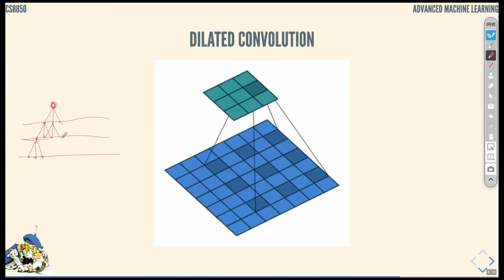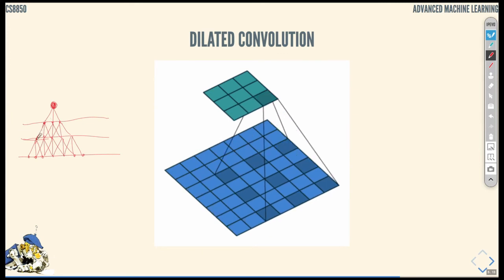If we compute or draw, how I'm doing right now, this neuron right here sees those 3 values underneath on the underlying feature map.